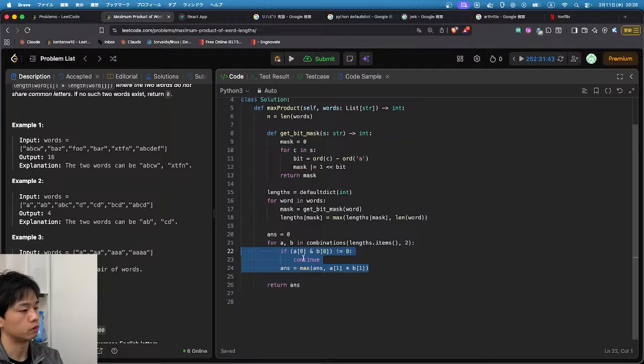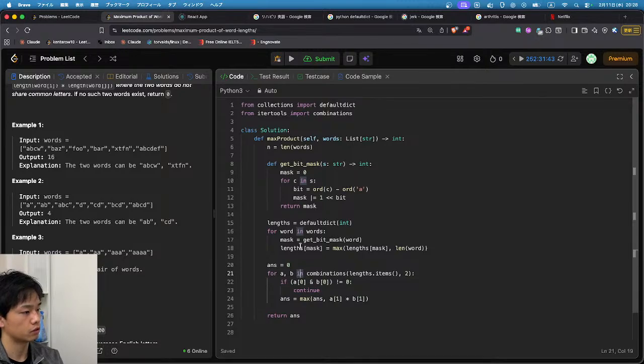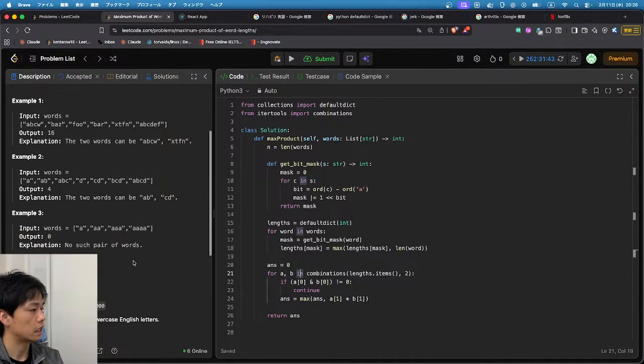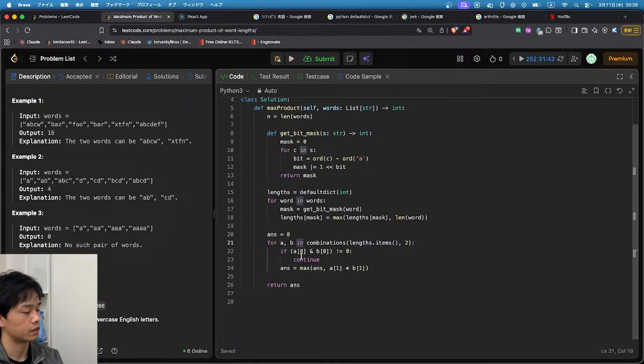So we have to improve this part, and I found the fact that the words consist only of lowercase English letters, so there are 26 kinds of characters, so we can reduce the time complexity thanks to this.